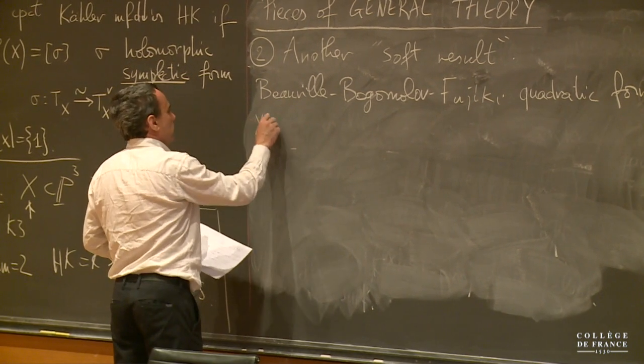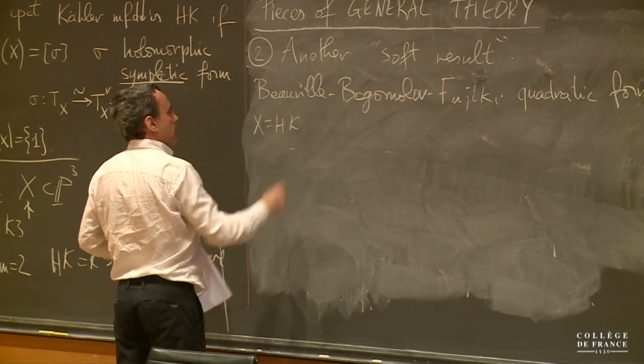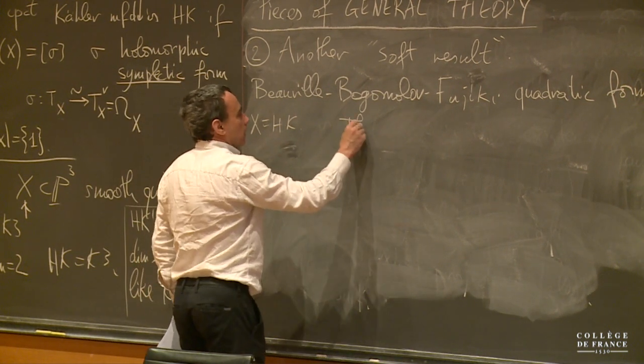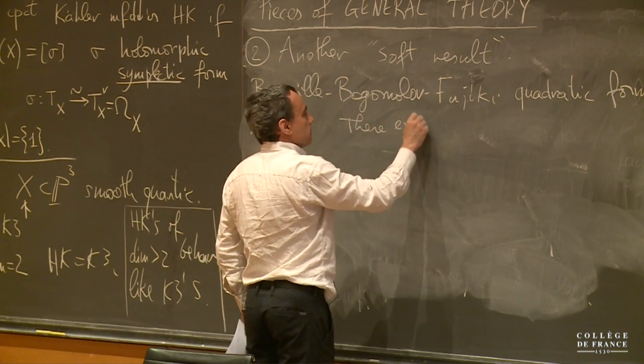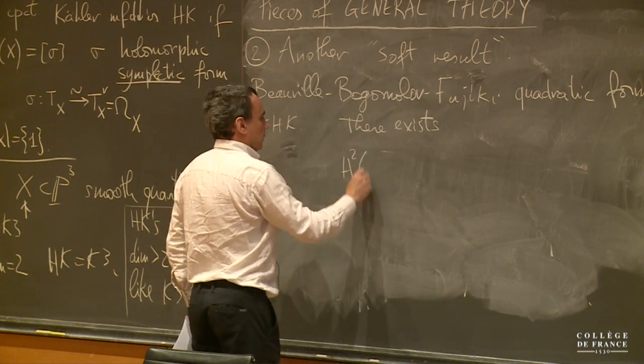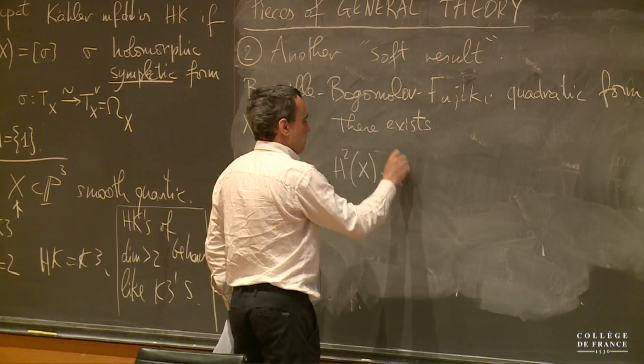So X is a Hyper-Kähler, and then the theorem is there exists a bilinear form.